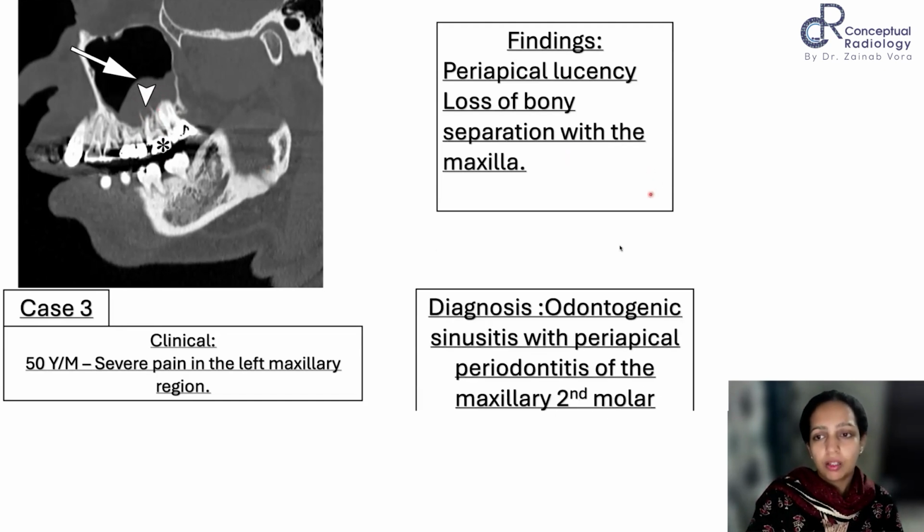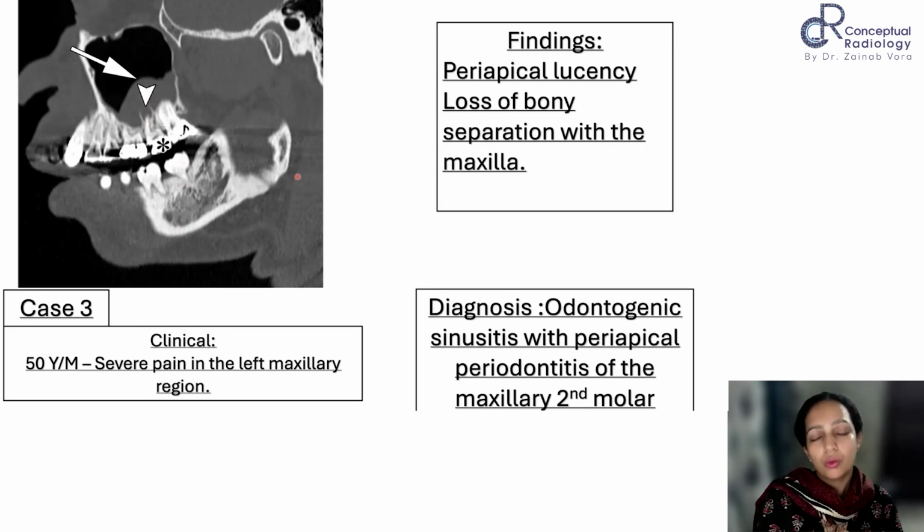And what would we call it? This is an odontogenic sinusitis with periapical periodontitis. All right. Odontogenic sinusitis, why? Because sinusitis is definitely there, but the tooth is acting as the source.